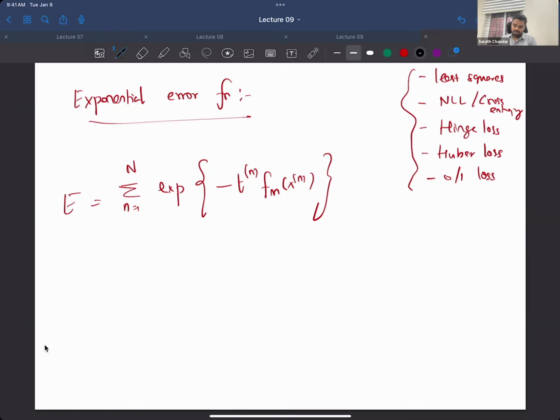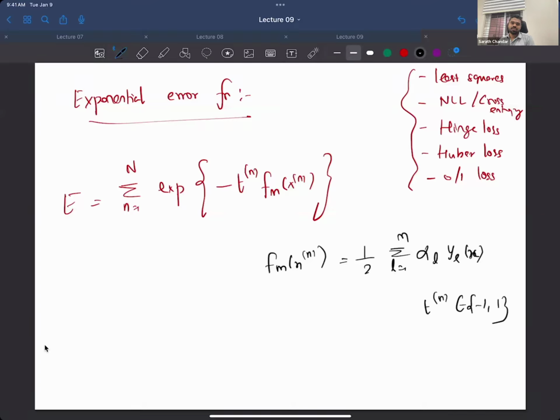And Fm of Xn is given by 1 over 2 summation l equals 1 to capital M of alpha l yl of x. So this is just the boosting algorithm, and the target is either -1 or +1. Is that clear?